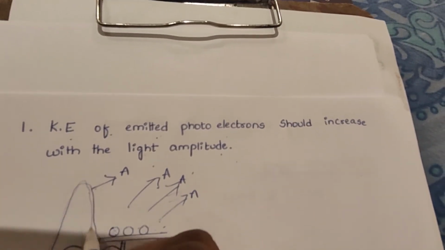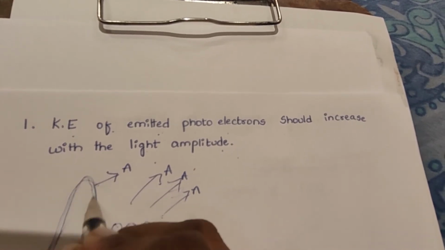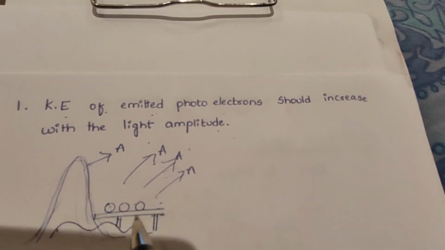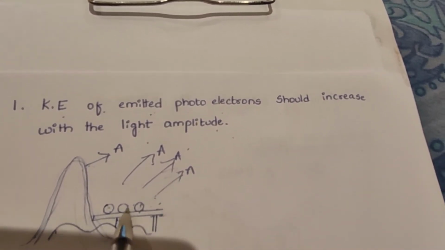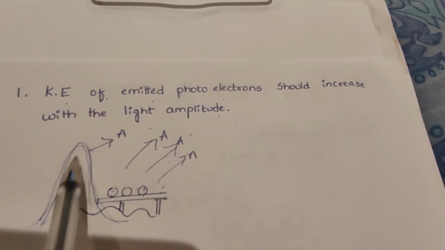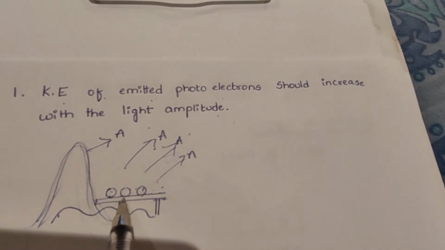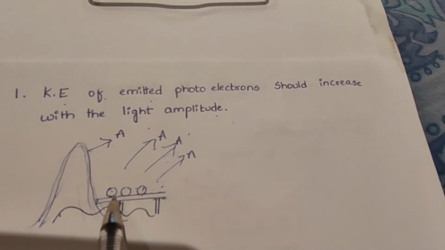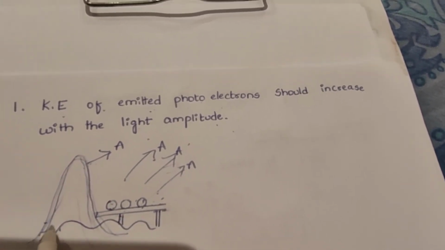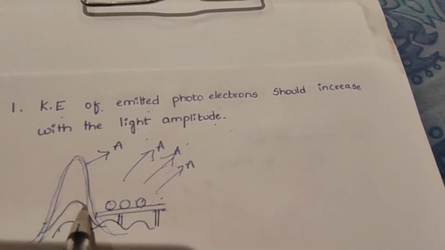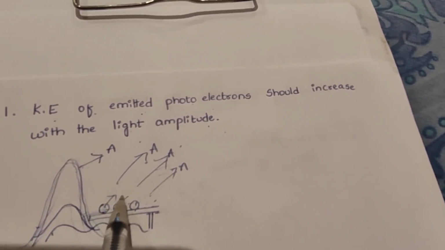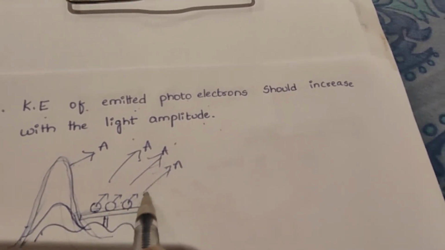So here amplitude means displacement, considered as a water wave, and the electrons displaced from the metal surface are similar to balls. If a big wave hits the dock, the balls are displaced with high speed. If a shorter wave hits the dock, then the balls are displaced with less speed.